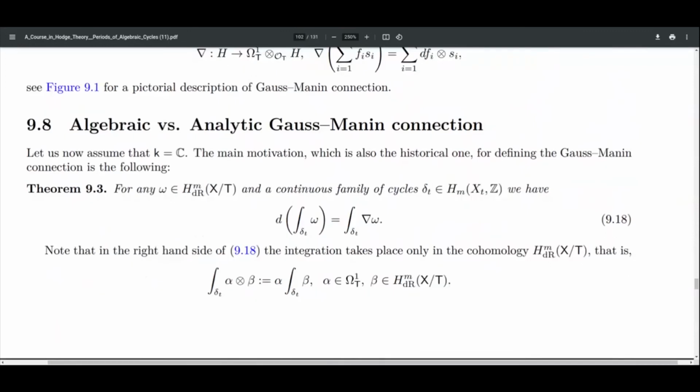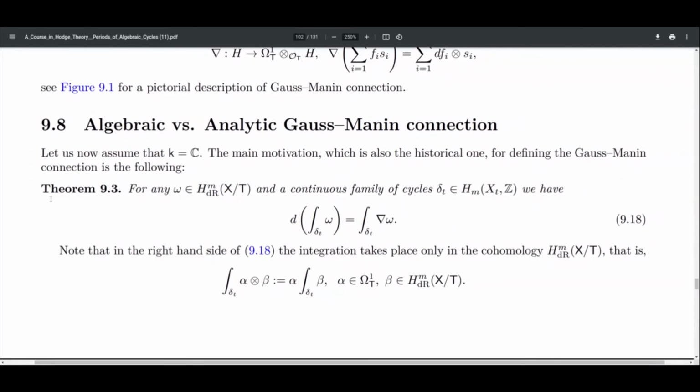The fundamental property of the Gauss-Manin connection is this theorem, which relates it to integrals, and that is why the name of Gauss appears.